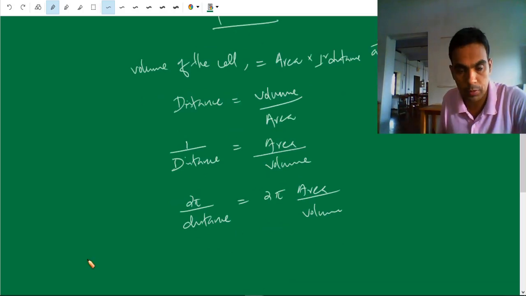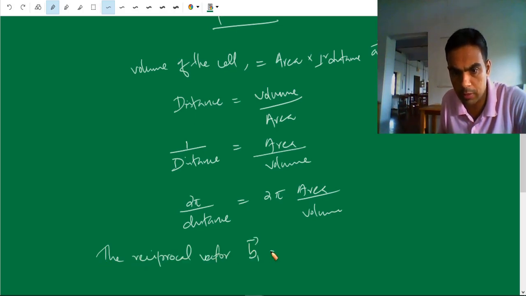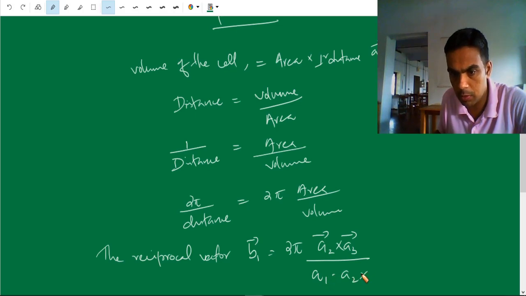Therefore, the reciprocal vector B1 is given by 2 pi into area, A2 cross A3, divided by volume. Volume of the cell is A1 dot A2 cross A3.